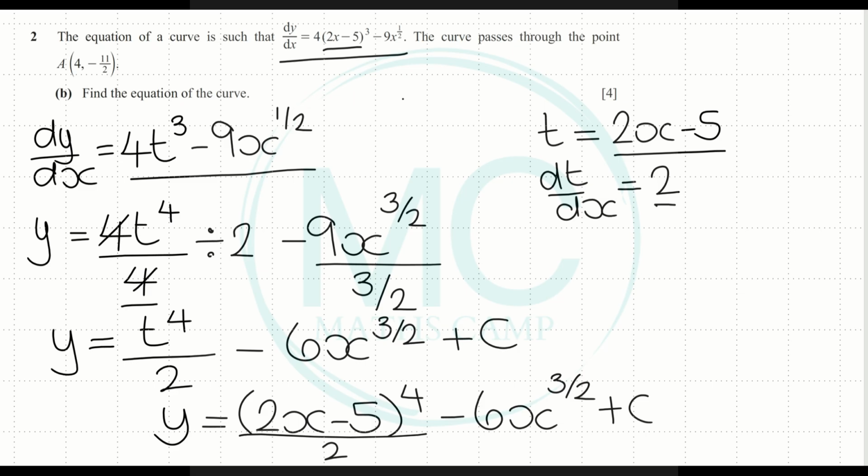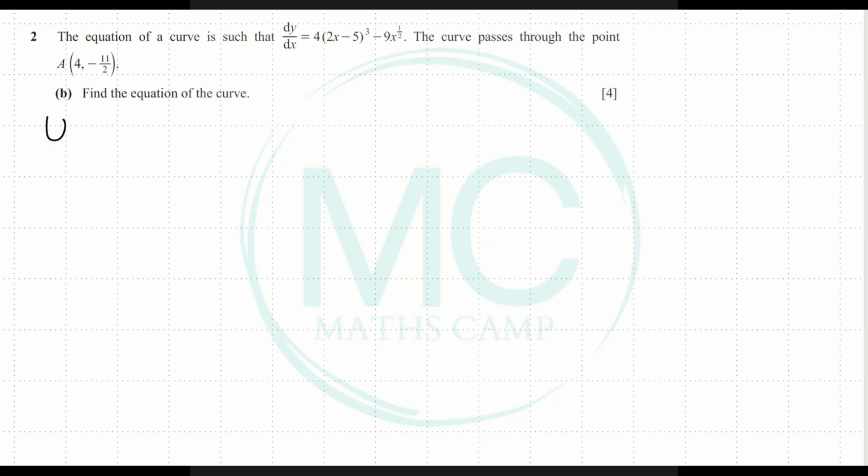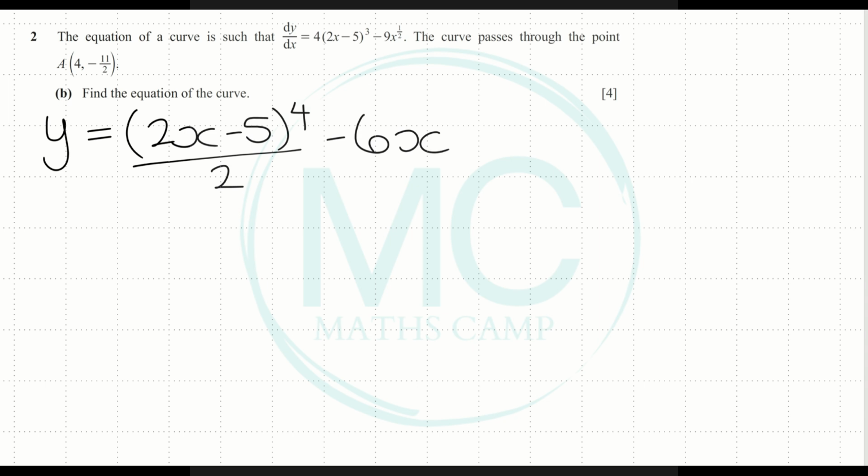But we still need the value of c. So let's make some space, and I'm quickly just going to rewrite our equation up here. 2x minus 5 with an exponent of 4 all over 2 minus 6x with an exponent of 3 over 2 plus c. To find the value of c, we can substitute the coordinates of our given point into the x and y values.